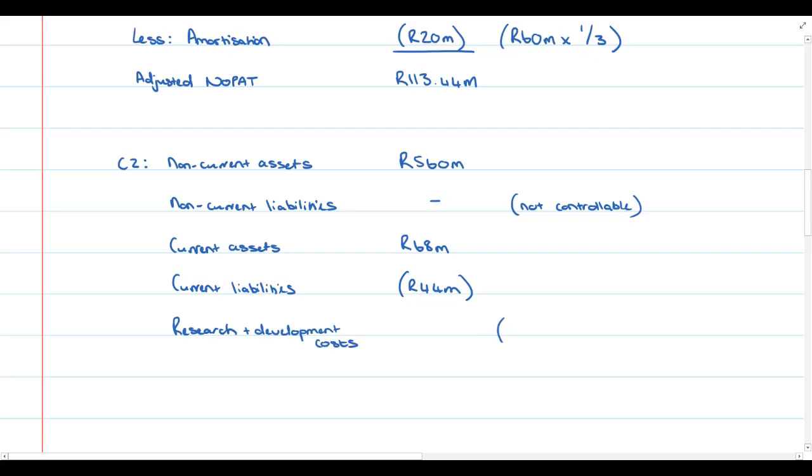All right, so the total research and development cost was 60 million rand. However, 20 million has been expensed in the current year. So the asset should be sitting at 40 million rand. 20 million of that will be expensed next year, and the final 20 million will be expensed in the following year. So the asset should have a value of 40 million rand.